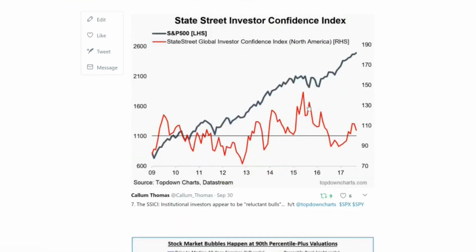On sentiment, this is an institutional investor sentiment gauge from State Street, and it shows the level of confidence or otherwise amongst institutional investors. This is North American investors, and I said here that they appear to be reluctant bulls.